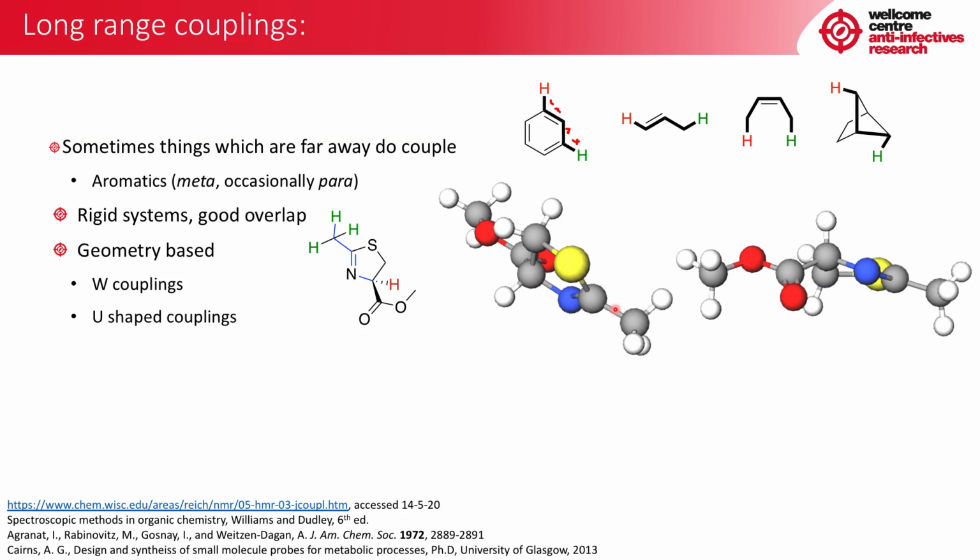And if we go over here, you can see it from the tilt of the protons. It's less obvious in the shape of the ring, but it's a little bit clearer perhaps if you look at the bond of the sulfur here, that we have a W-shaped coupling, and in fact the signal that you observe here looks a lot like a triplet of triplets.